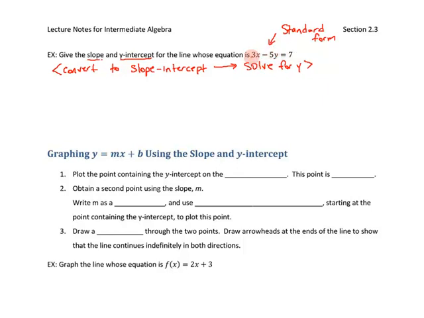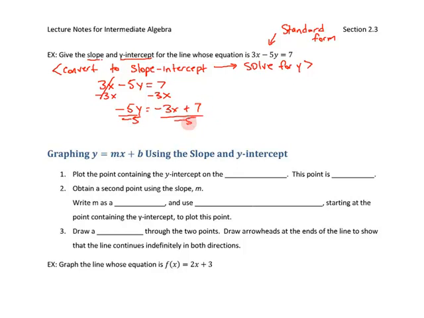To do that, I'm going to subtract the 3x from both sides. I have 3x minus 5y is equal to 7. I'm going to subtract 3x from both sides. So I have negative 5y is equal to negative 3x plus 7. Now divide everything by -5.